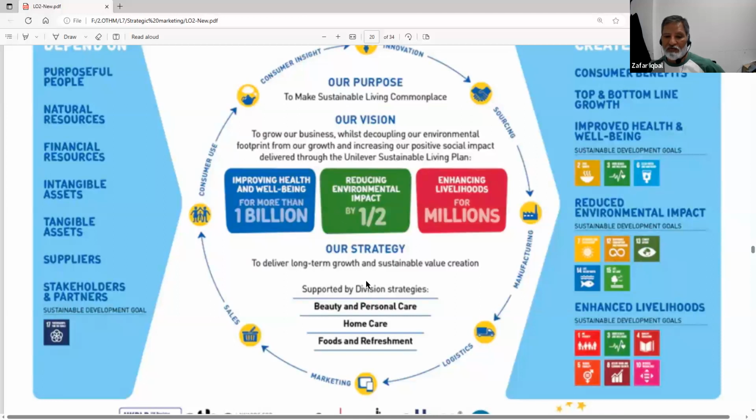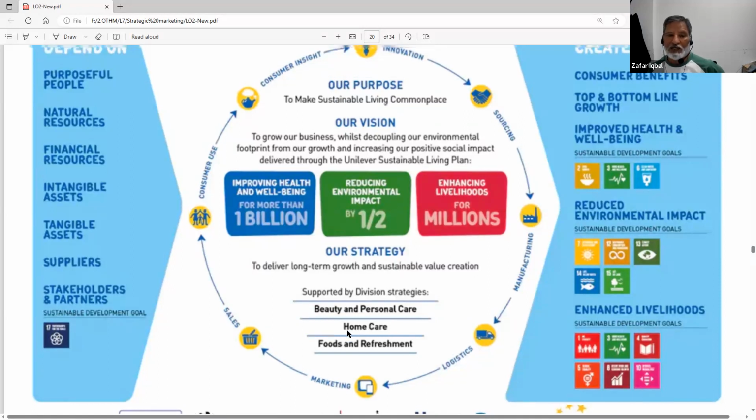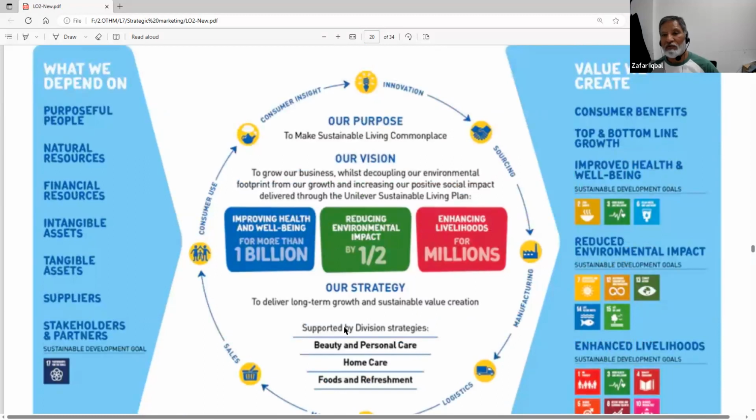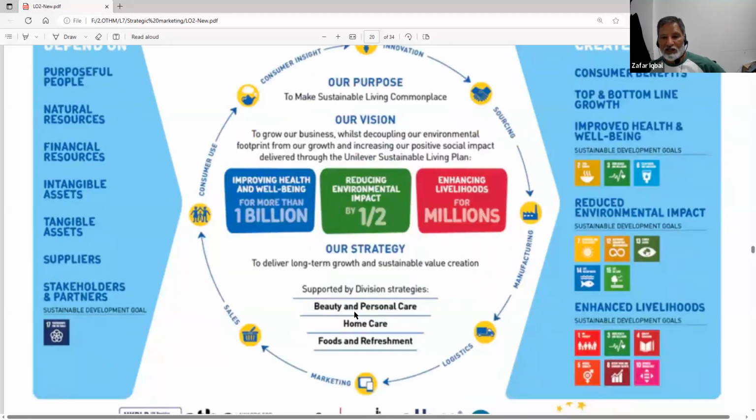They are supported by strategies like beauty and personal care, home care and food, which are recyclable products used for the best of the consumers, taking consumers' interests into account, improving their health and well-being, reducing environmental impact, and making sure their livelihood is enhanced by using these sustainable development strategies and sustainable goals.